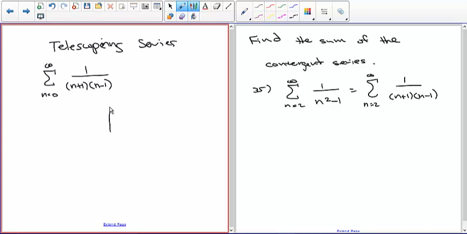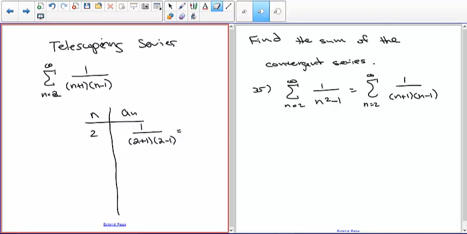And if I do a table, so this is n, and this would be a sub n, and we start at 2, sorry. What you would have is 1 over 2 plus 1 times 2 minus 1. Actually, that's not completely, well, you have to do one more thing, sorry.